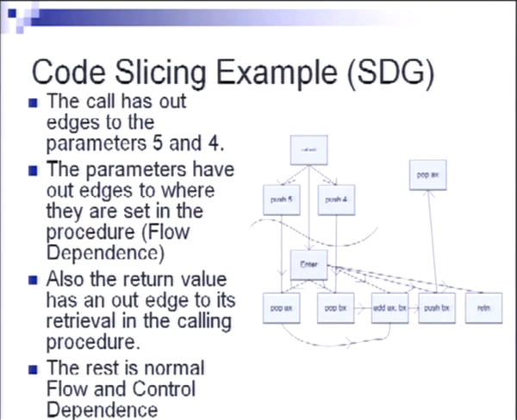So this particular portion is just the PDG for the add function. And then this is the return value that's being used in the caller. So you have a directed edge from there to there, and the rest of this is just normal control dependence.